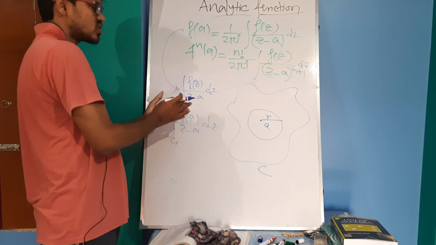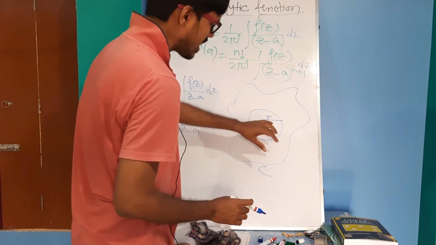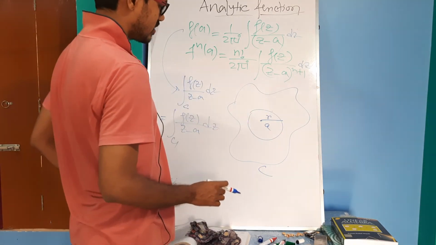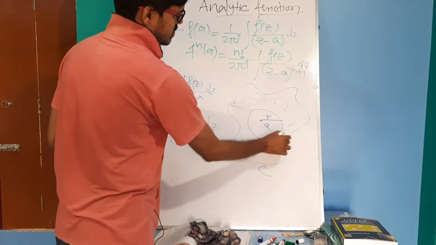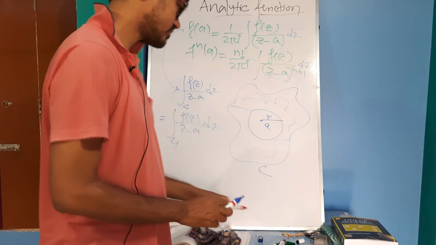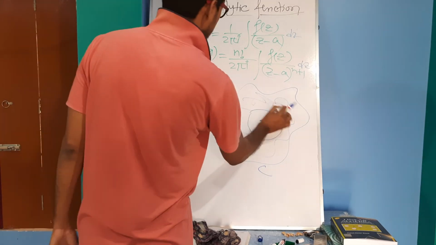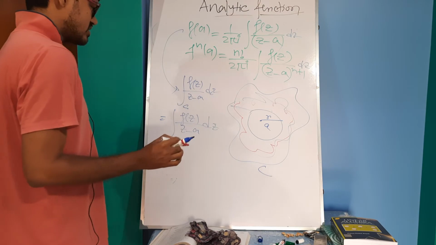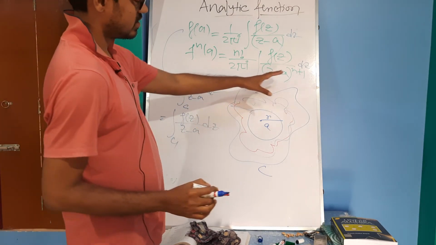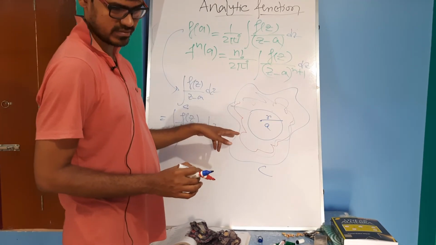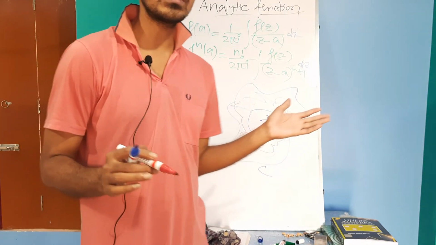Total integrand is not analytic at a, and we have excluded that part, and we have this region. So this integrand is analytic within this region, is it not? So we can use Cauchy theorem here, and what Cauchy theorem says, the integration over the outer curve will be equal to integration over the inner curve, whatever we have proved just now.